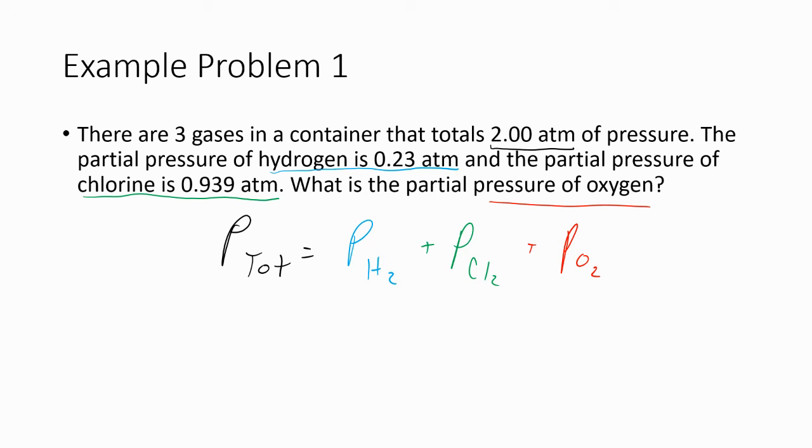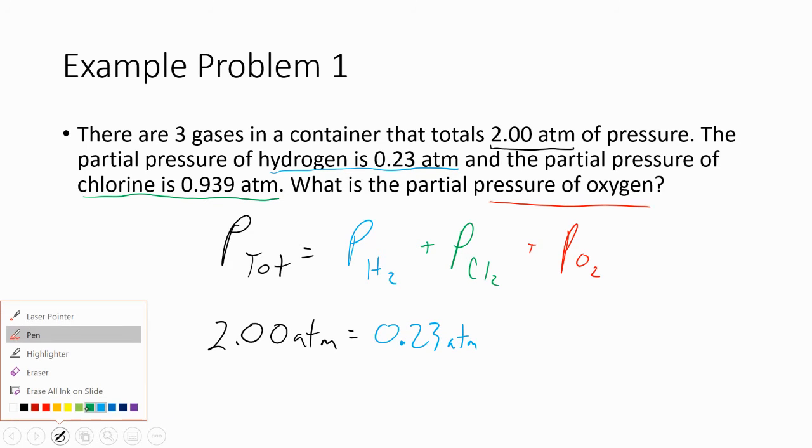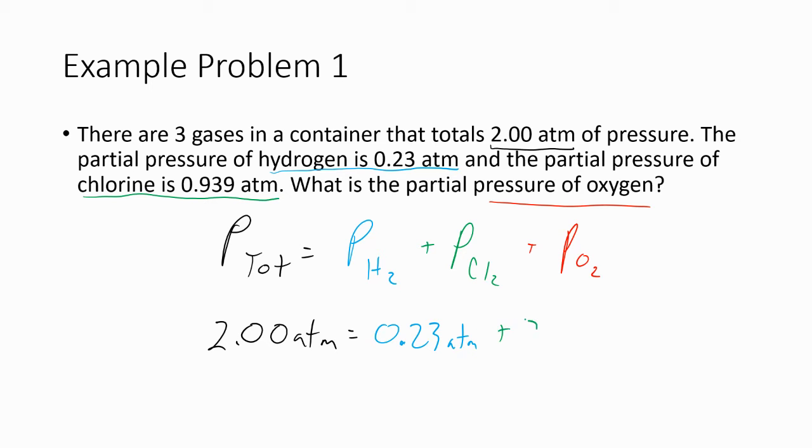So in this problem, we have a total of 2 atmospheres. The hydrogen is 0.23 atmosphere, and the chlorine is 0.939 atmosphere. And so then the oxygen is going to be the rest, right?